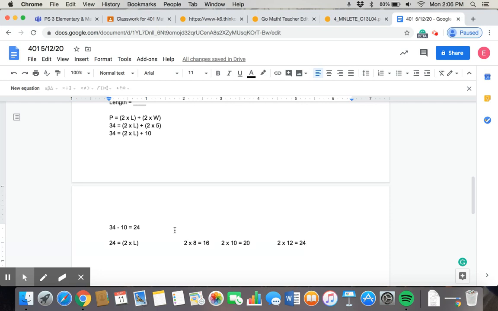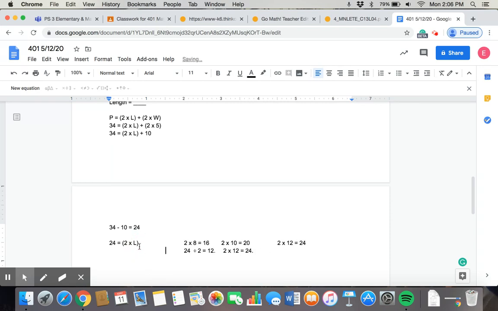Another way that I can do it instead of doing that, like we talked about before, I could use division because we know multiplication and division are inverse operations. So I could do 24 divided by 2 equals, and I would find 12. So what that would also tell me is that 2 times 12 equals 24 because we know they are inverse operations.